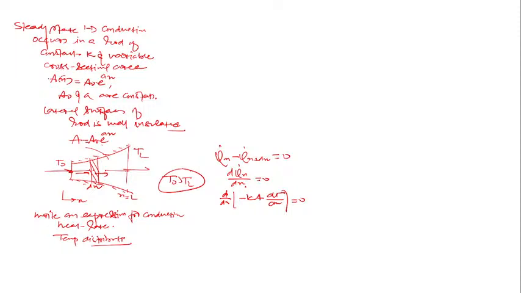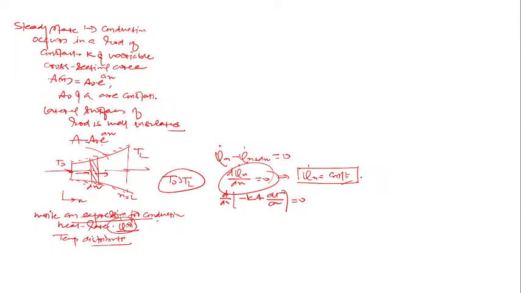So first of all, since they ask you to write the expression for heat conduction rate q dot as a function of x, from this one thing is clear that q dot x is constant, it's not a function of x. So you should write the expression for heat conduction rate q dot x is constant.